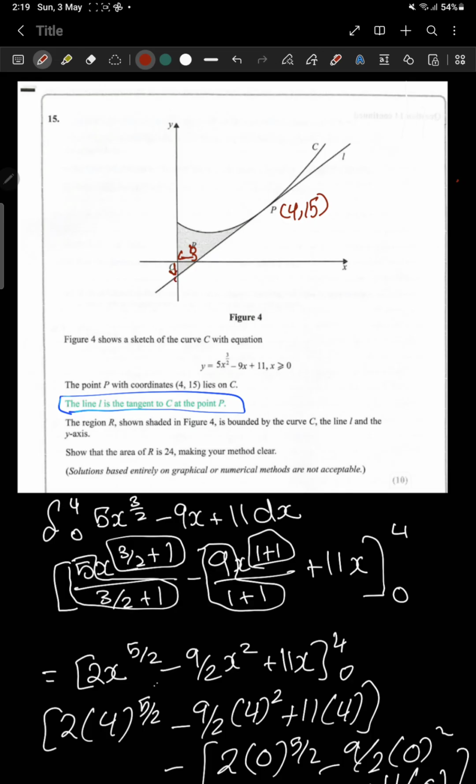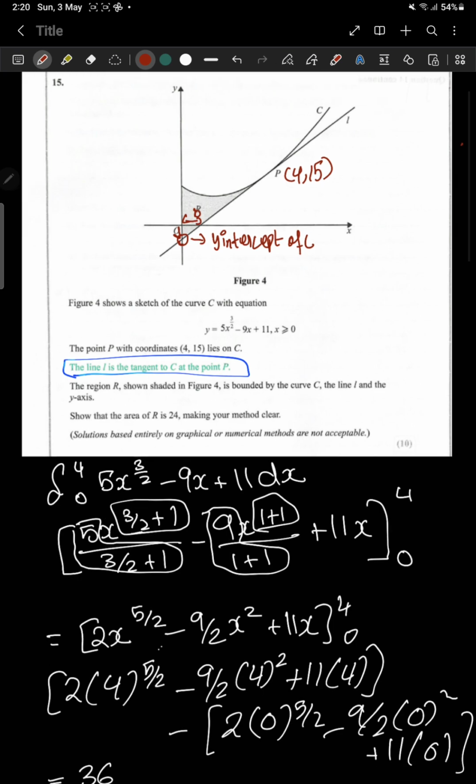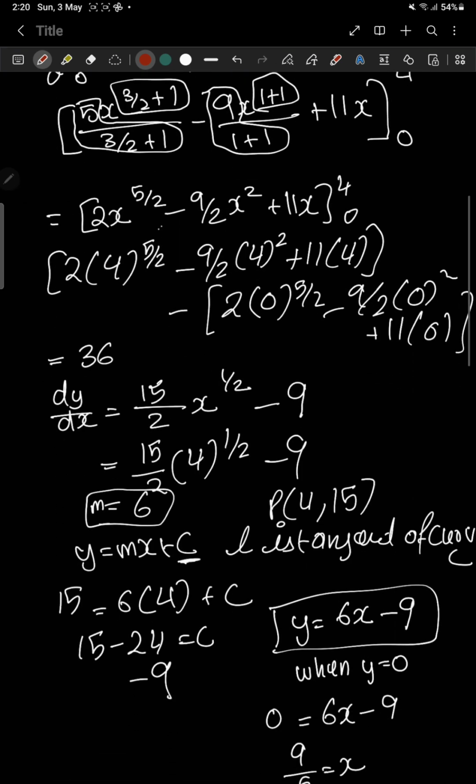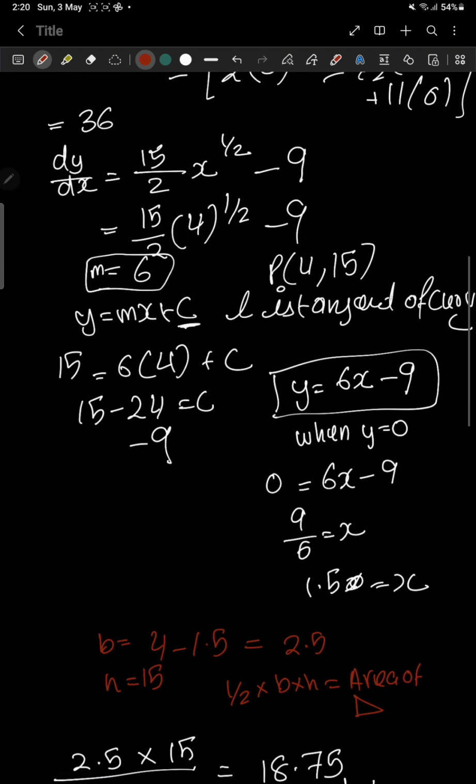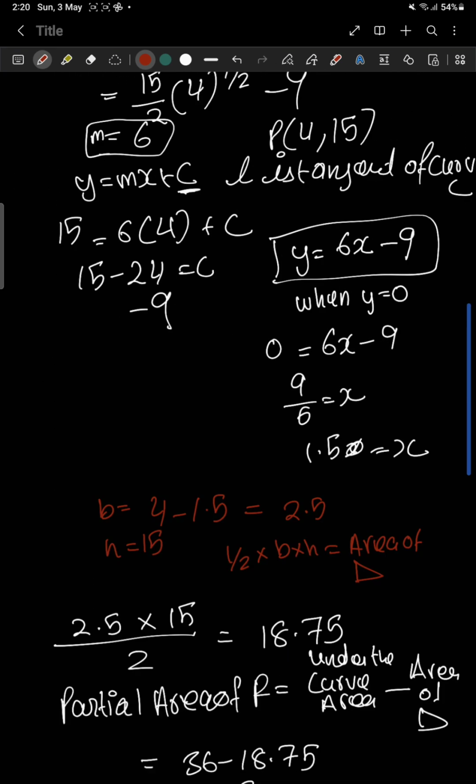The little height is the y-intercept of L, and the base is the x-intercept of L, which was 1.5.